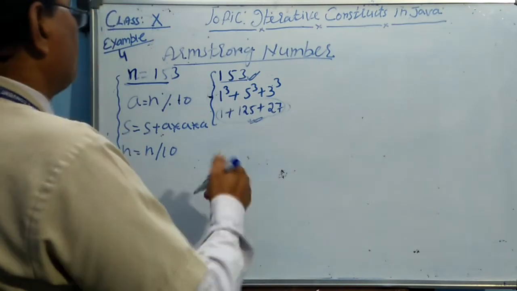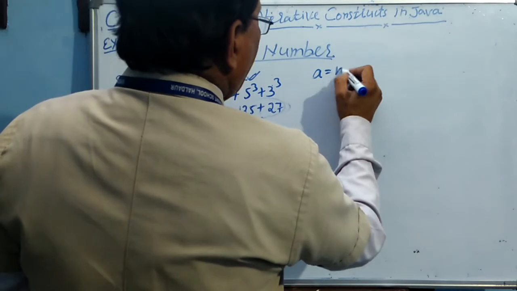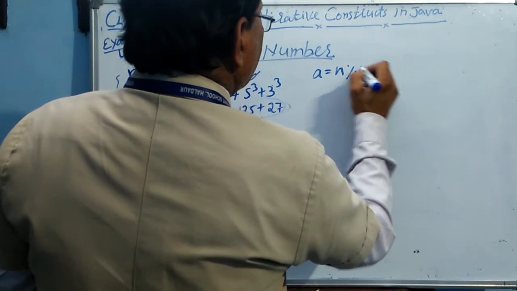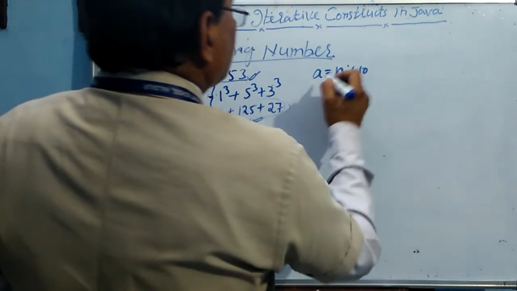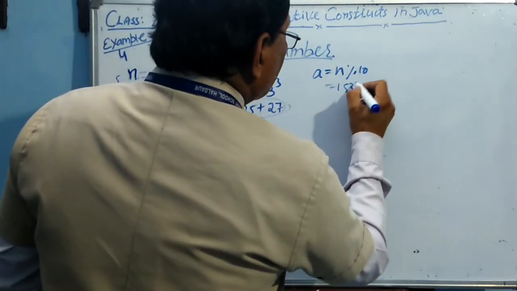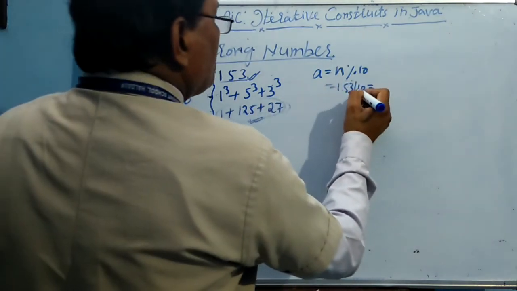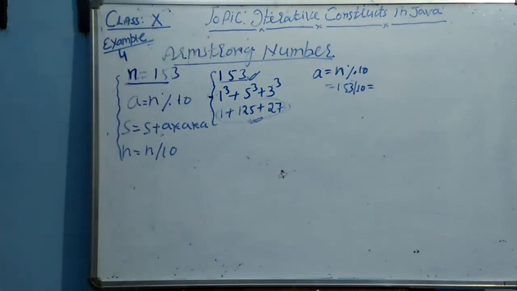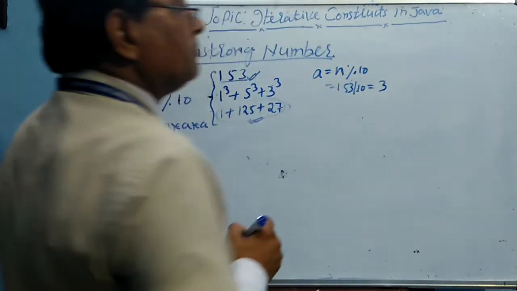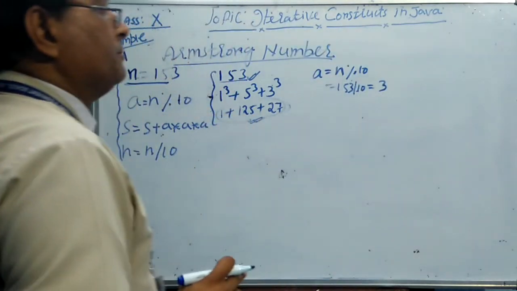I will explain fully. a is equal to n modulo by 10. n is 153, so 153 modulo by 10. When you take modulo by 10, how much will be the answer? It will be 3, because when you divide by 10, we only write the remainder.